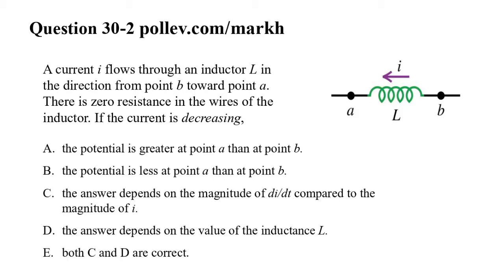Do we have the potential is greater at point A than B, potential is less at point A than B? The answer depends on the magnitude of the dI/dt compared to the magnitude of I. The answer depends on the value of the inductance L, or both C and D are correct.